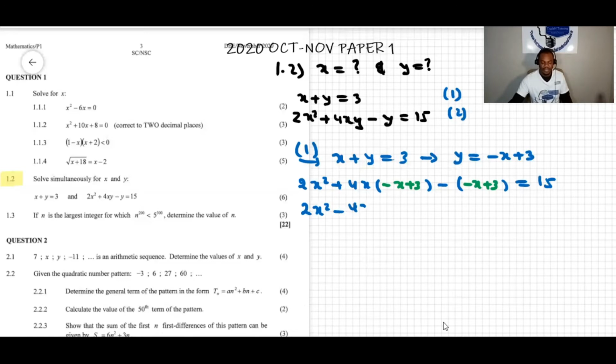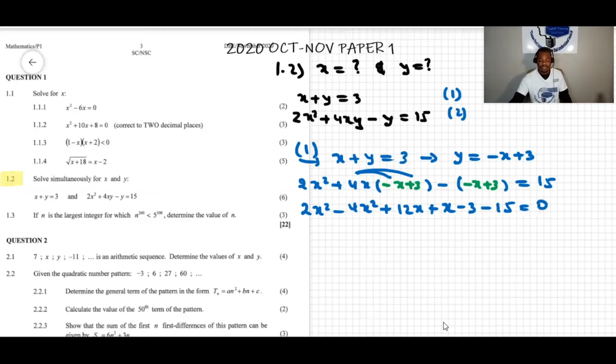And then 4x times positive 3 makes positive 12x. And over here, when we drop the brackets, the signs of the terms inside the bracket change, because this will become positive x and then negative 3. We can move the 15 over, that makes minus 15 equals 0.